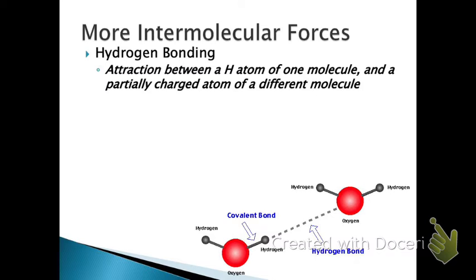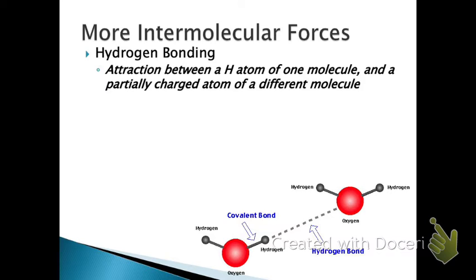I also want you to put right here by hydrogen bonding that it is our strongest intermolecular force. We're going to look at a strongest and a weakest. Hydrogen bonding is the strongest type of intermolecular force we will see. It's an attraction between the hydrogen of one molecule and the partially charged atom of a different molecule.